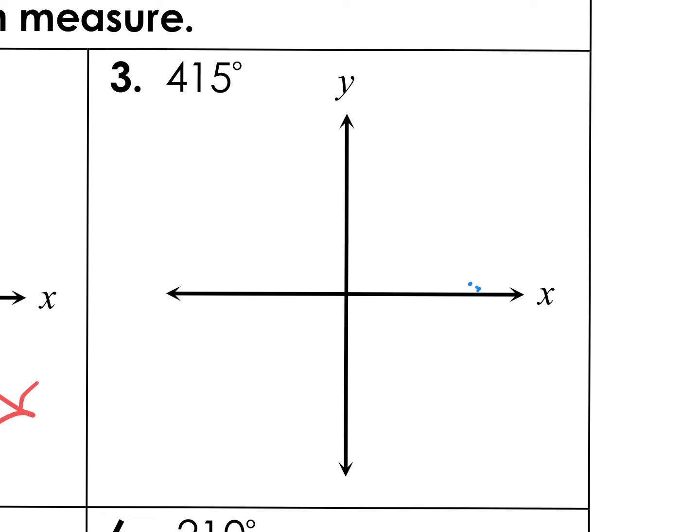We're rotating. If I moved my leg this far, I moved it 90 degrees. If I keep going, how many degrees is this one, Jabron? I get what he's saying. 180. And if I go all the way around, how much?